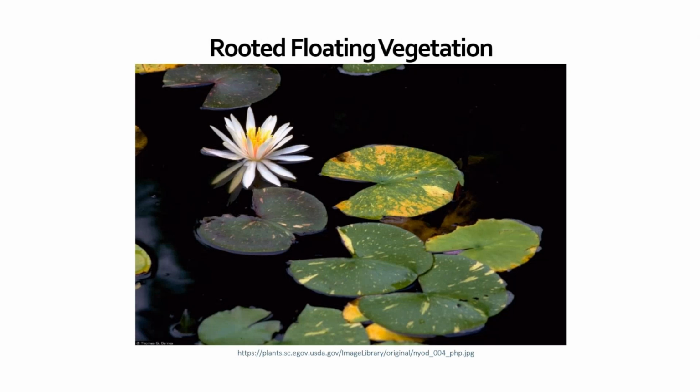Rooted floating vegetation is things like water lilies. So they are rooted in the bottom of the stream, and they're floating. The leaves are floating on top rather than being underwater or sticking up into the air.